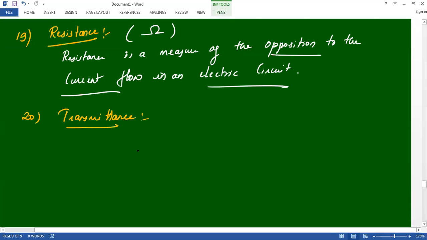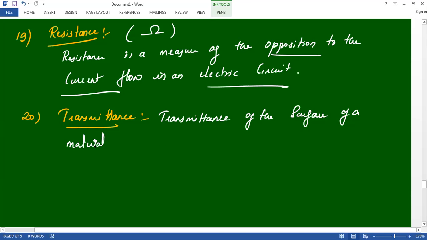Transmittance of the surface of a material is its effectiveness in transmitting radiant energy.